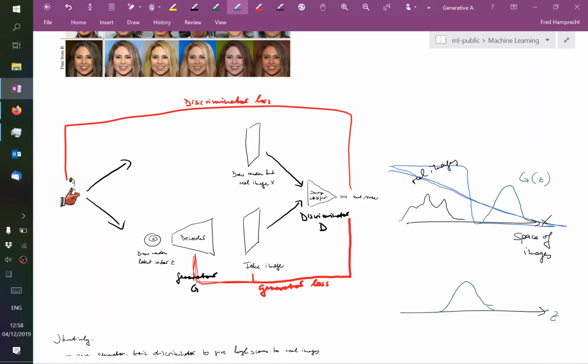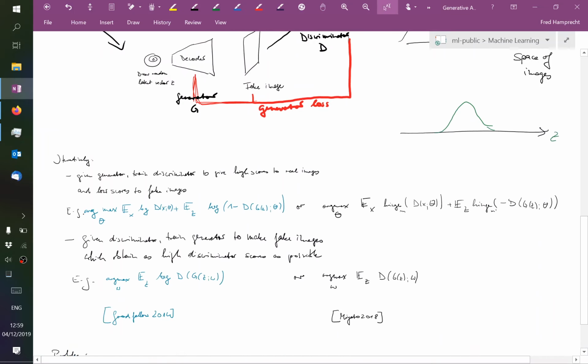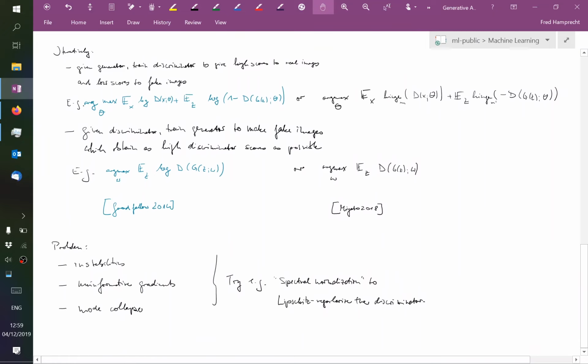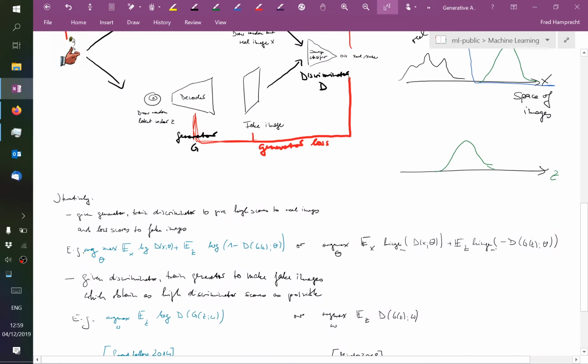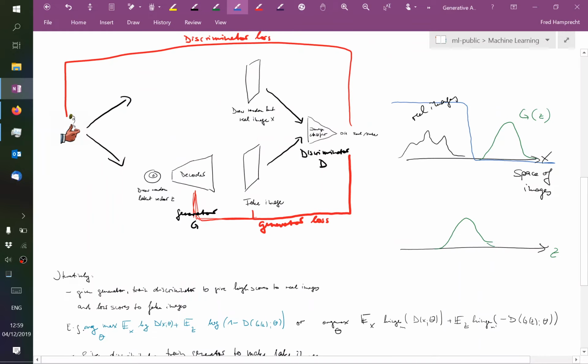And so a lot of work has been devoted to how to regularize this discriminator, or how to make sure that we get useful gradient even when the discriminator is much stronger than the generator. One famous paper was on the Wasserstein, which looked at the Earth mover's distance between these distributions. A paper which I wanted to highlight is called spectral normalization. In spectral normalization, you regularize your discriminator by not allowing it to have such steep slopes.